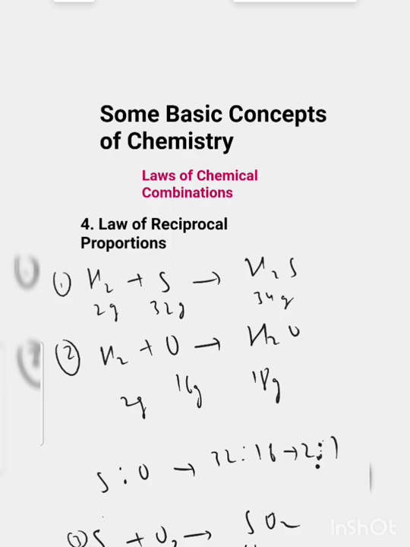And when they combine with each other in the third reaction, the ratio we are taking here is 32 gram is to 32 gram, which will be 1 is to 1. So the ratio in the first two reactions and the third will be a simple whole number ratio or some multiple of the ratio taken in the first case. So this is the law of reciprocal proportion.